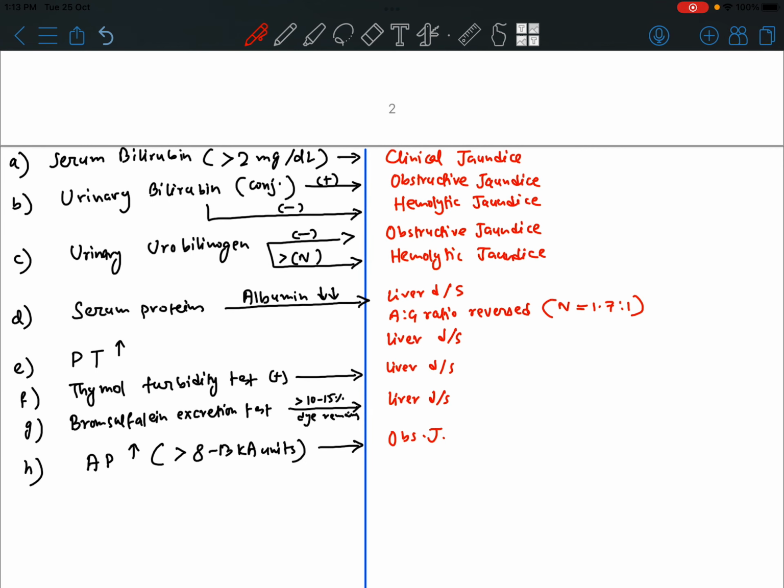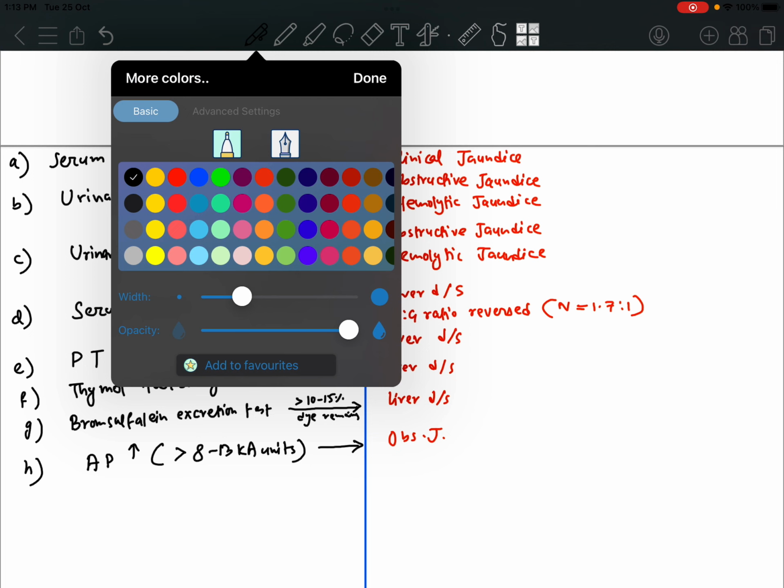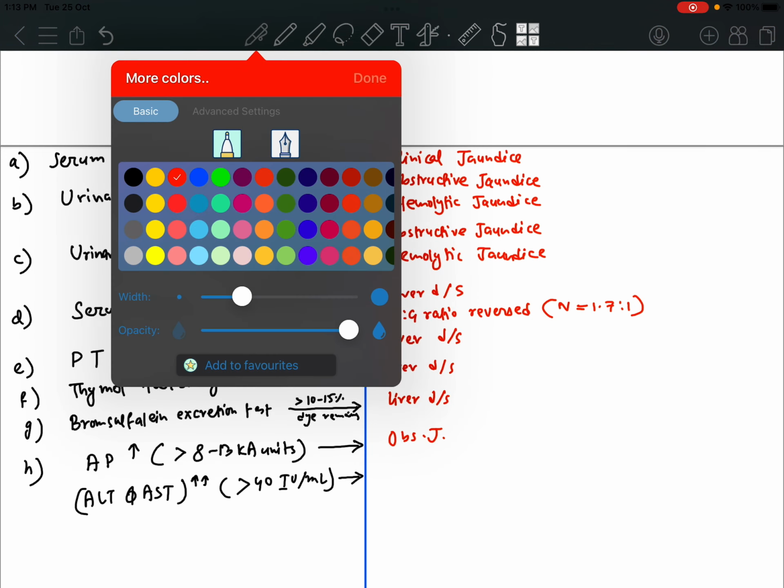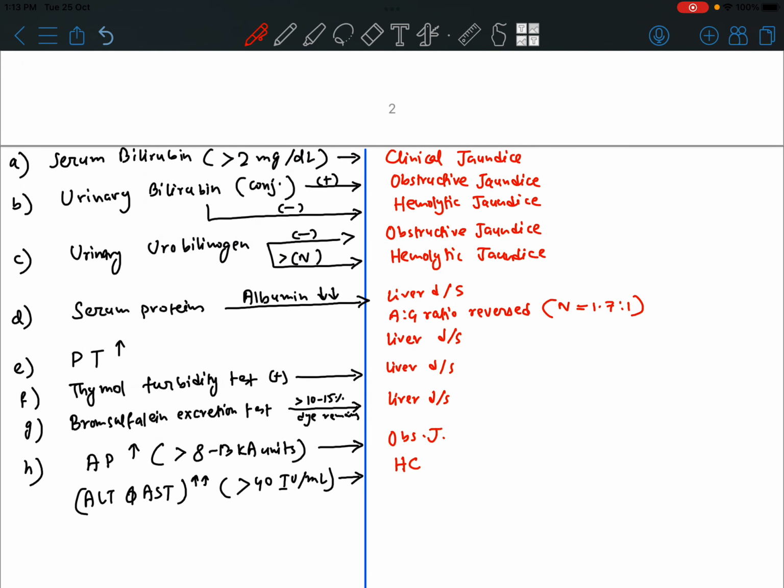I'm writing just OBS-J, okay? Obstructive jaundice. And if ALT and AST are increasing, like greater than 40 international units per ml, then it's suggestive of hepatocellular jaundice.